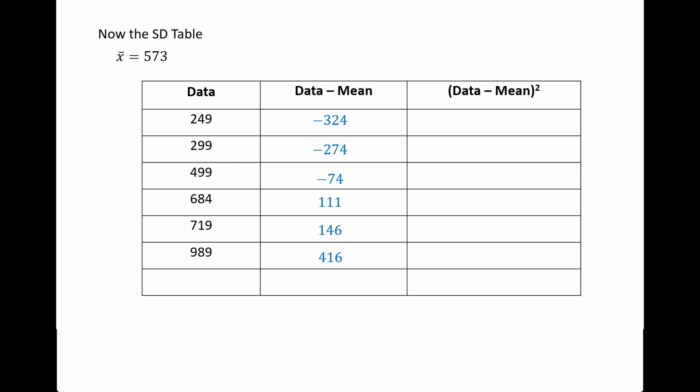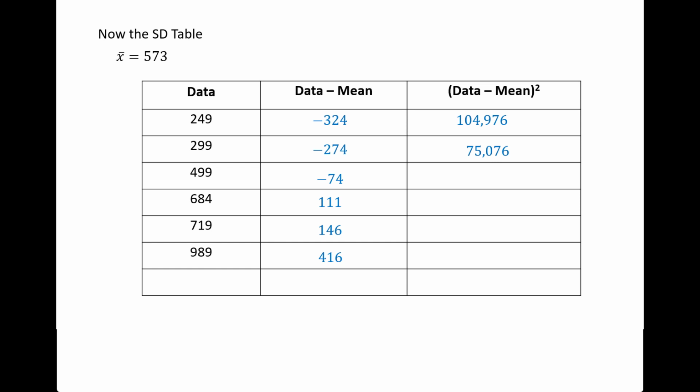Shifting over one more column to the right, we have a squared in the data minus mean in parentheses. So use your calculator, key in negative 324 in parentheses and square it. The squared value is 104,976. Square negative 274. The square is 75,076.